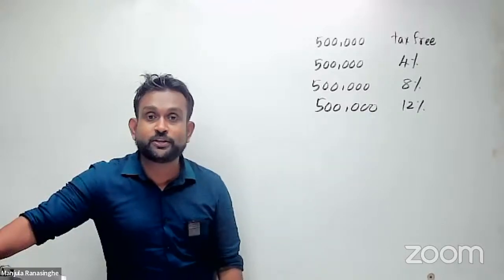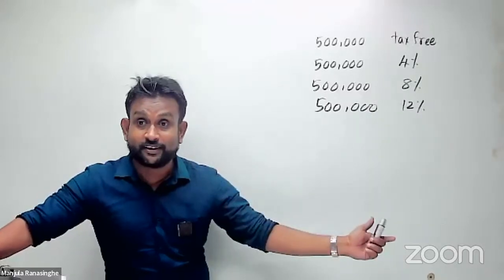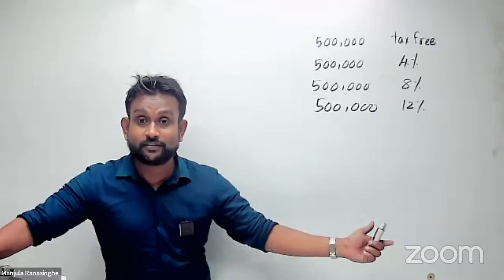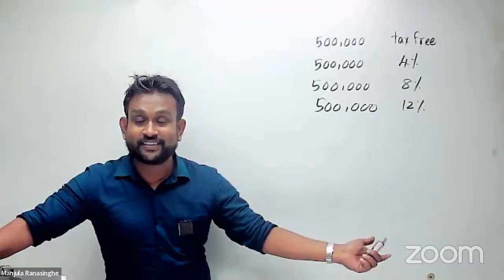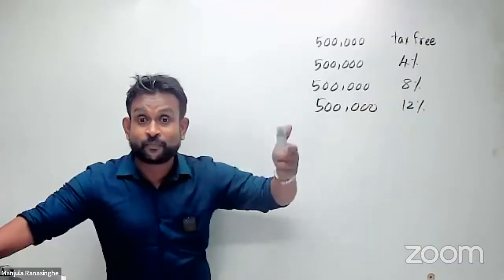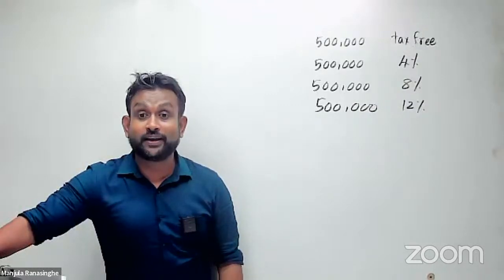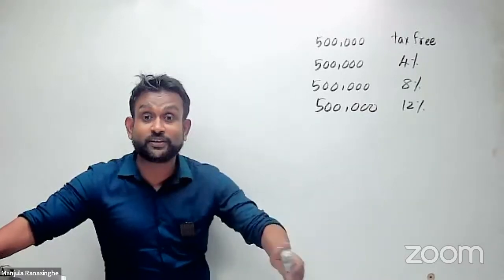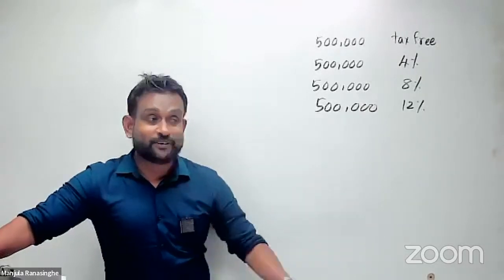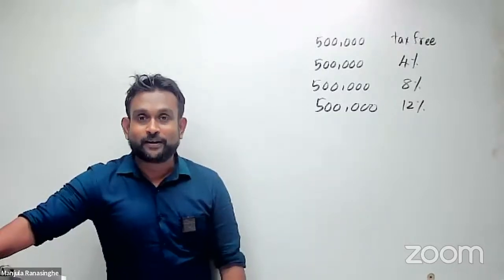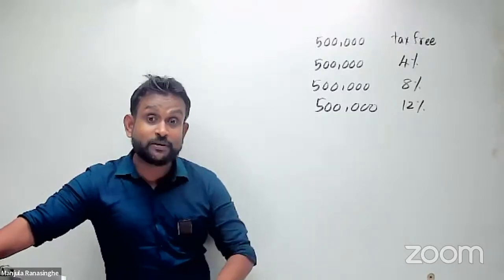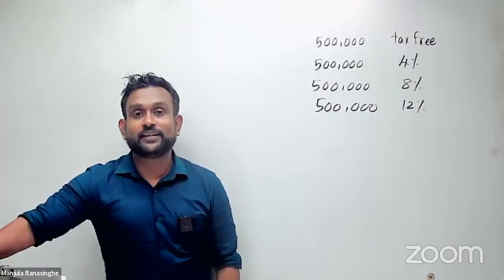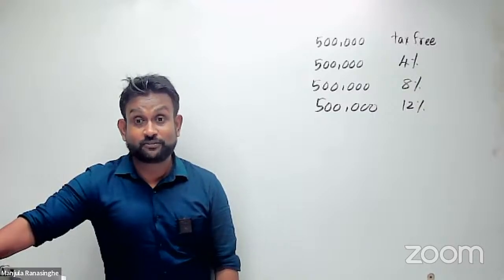So you know how a government finds its expenditures through these taxes. Even when we are eating sambol, we are buying V8, i8, BMW, Prado, we are paying taxes. Those who eat sambol and bread, and also those who are importing the Lamborghini, people at every level are paying taxes in Sri Lanka.